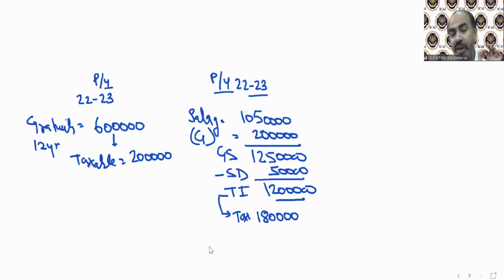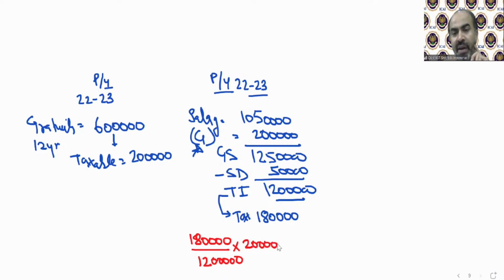We need to see the average rate of tax paid on this gratuity value, the proportionate tax on this gratuity. How will we find it out? With the help of mathematics, proportionately 1,80,000 has been paid on 12 lakh. So what will be the tax on the taxable gratuity?